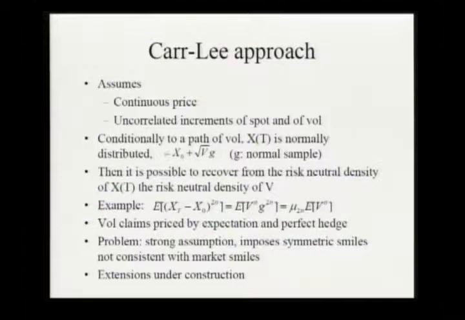First, at the time, there was an approach by Peter Carr and Roger Lee with strong assumptions. Mostly it was uncorrelated increments of spot and vol. A technical term for this would be an Ocone martingale. So it's essentially a process that would generate at each point in time a symmetric skew.